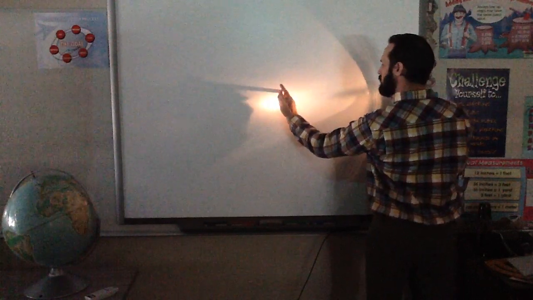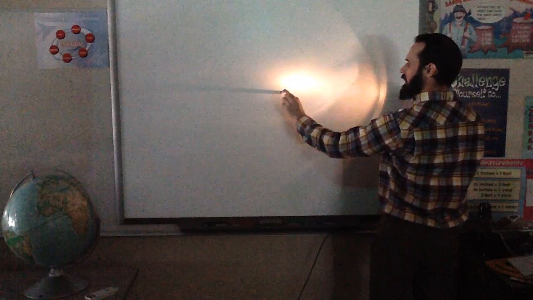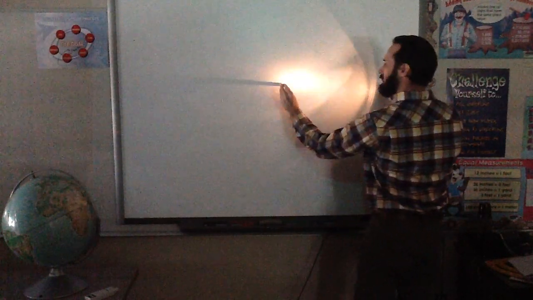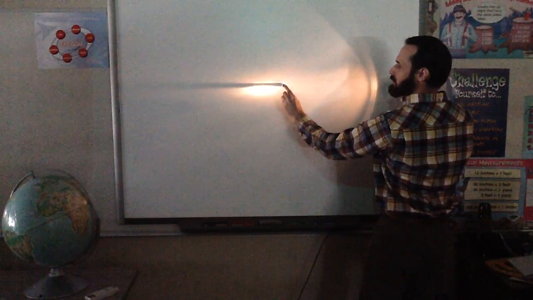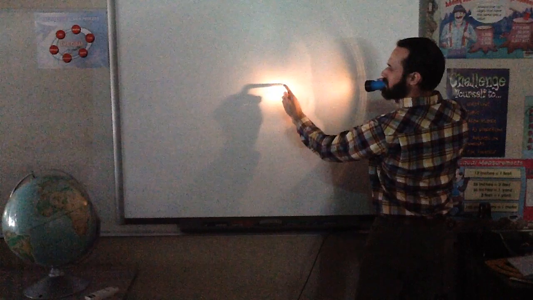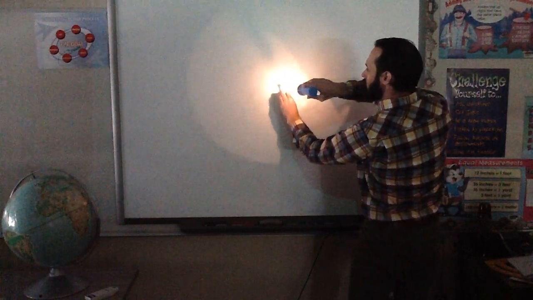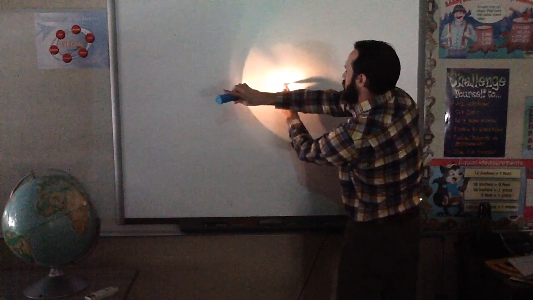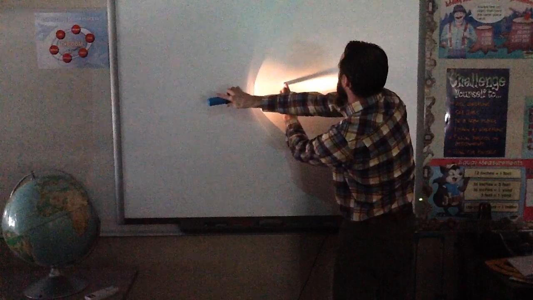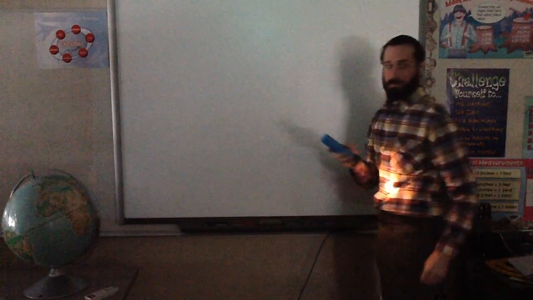When I hold this, put my finger on it, and if the sun were shining this way, you can see how long the shadow of it is. As the sun comes up, you can see the shadow shrinks, and that would be like midday. There's really no shadow. And as the sun goes this way, or the earth rotates, you can see, hopefully, that the shadow gets longer again.